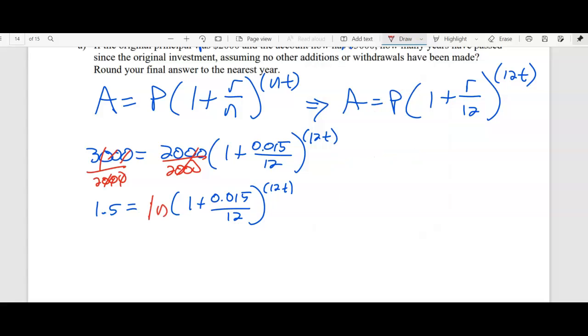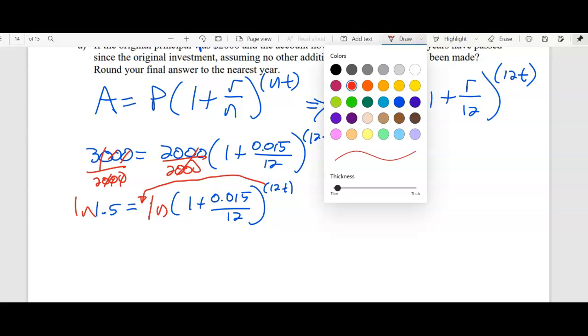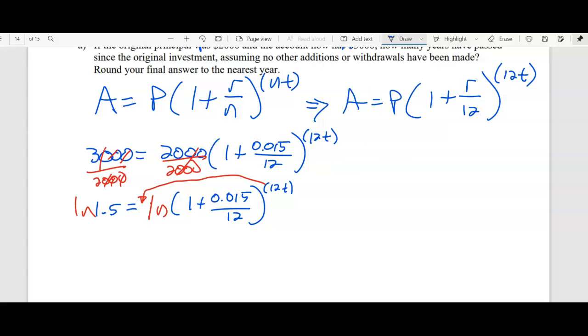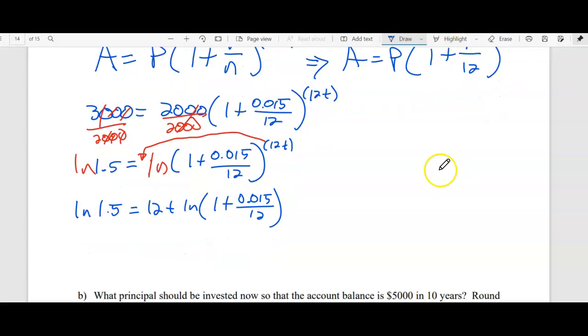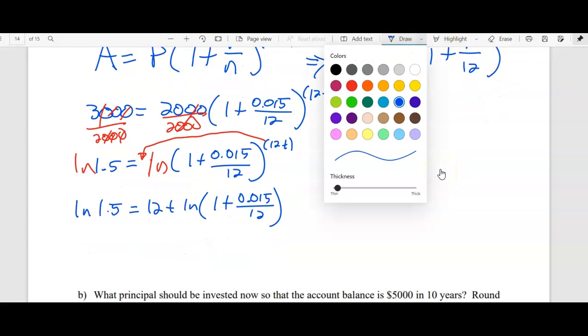If I do natural log of both sides, it allows me to bring the exponent down in front, the t being the important part, where I can work with it. So we now have natural log of 1.5 equals 12t times natural log of this ugly stuff, which I'll just keep writing because I don't want to make an error by approximating. We are so close.